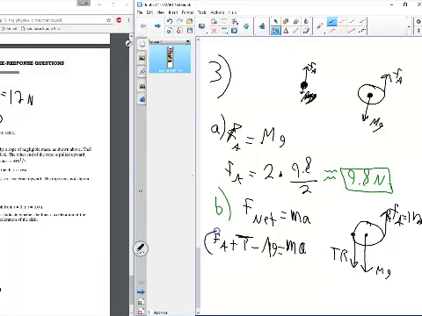And mg is just pointing downwards at this point. Because you're not only pulling up with the force, it's kind of hard to explain, but you're also making it spin at the same time. And that tension force kind of goes into play there.